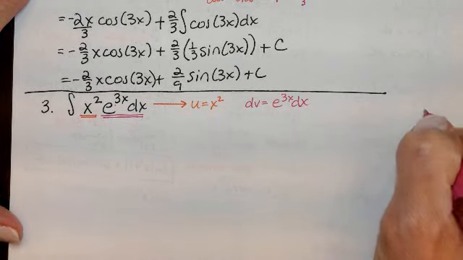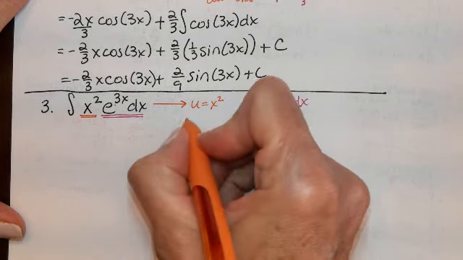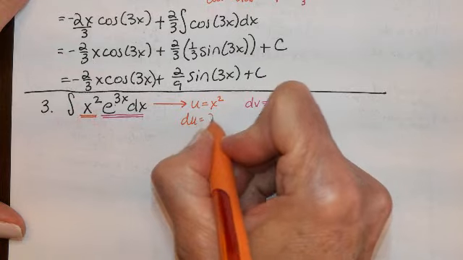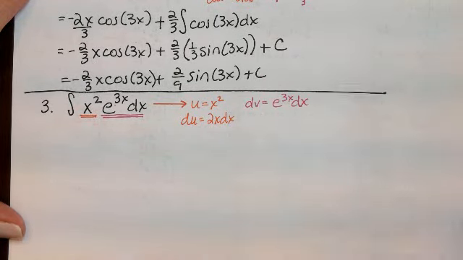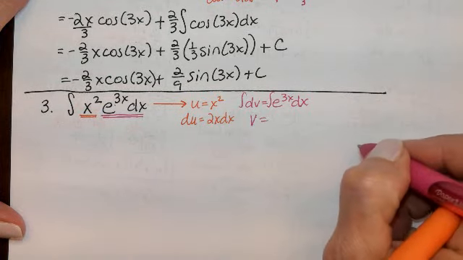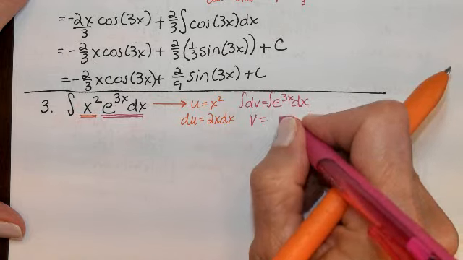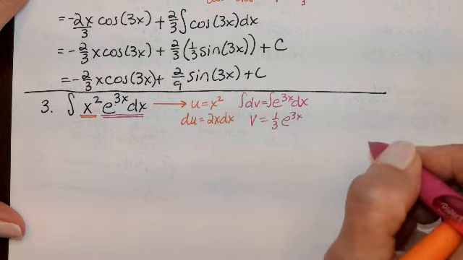Everything else. Okay? So du here will be 2x dx. v will be the integral of e to the 3x. Well, the integral of e to the 3x is 1/3 e to the 3x.